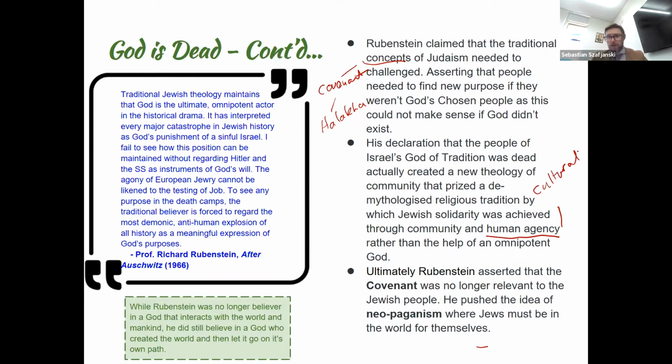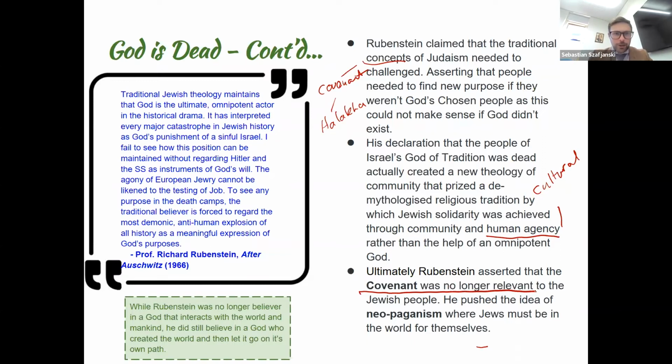And ultimately, Rubinstein asserted that the covenant was no longer relevant to the Jewish people, which is our big takeaway here. He pushed for the idea of a neo-paganism, or this new sort of communal structure of Jewish people, that they needed to be in the world for themselves rather than for the religious aspects. They were a Jewish people in name rather than in spirit.